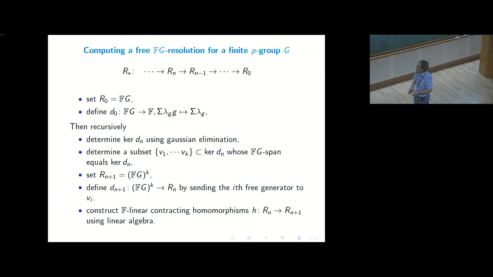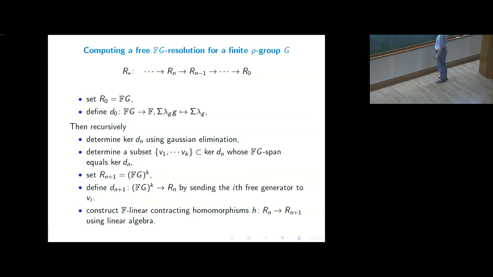And then, okay, I'm going to use the language of contracting homomorphisms, but that's a bit of overkill now, because in the first lectures I started off talking about the Klein bottle group, where the group algebra is infinite dimensional, so you have to be a little bit more careful. But here I'm talking of low dimensional vector spaces.